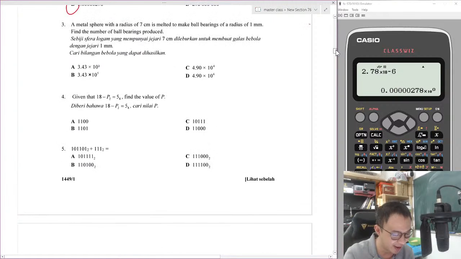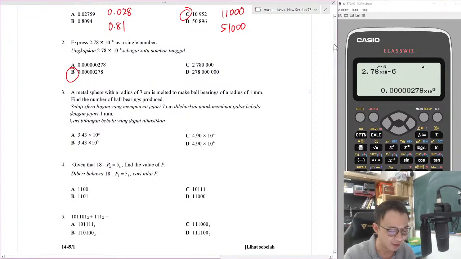Okay, so let's move on to number 3. Number 3 will be a little bit tricky. Yeah, you must be very careful. Basically, a sphere with a radius of 7 centimeter is made into ball bearings of radius 1 mm. Find the number of ball bearings produced. Right now I have a big sphere.